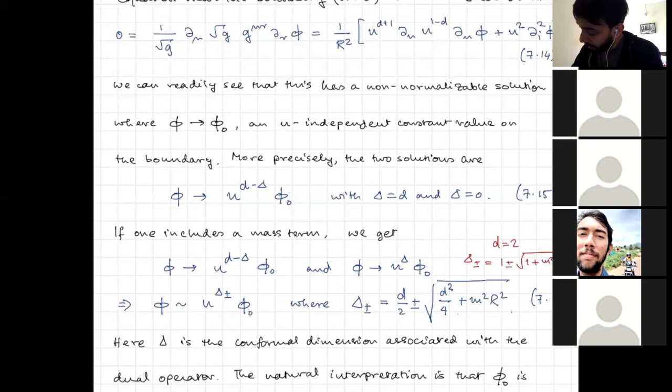And you remember that we are looking at very high energy states, so you are going to drop the 1. So delta is going to go like m into L, and delta is h plus h bar. That's another way of seeing that this gives you the right thing.